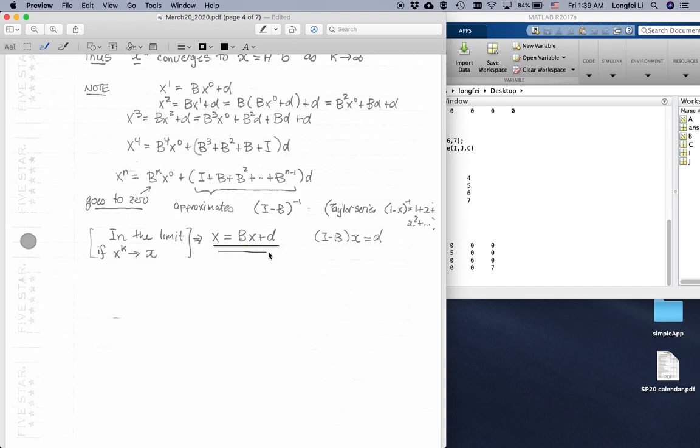And we can rewrite this into I minus B times x, right? We move this term to this side, and getting this x out, we will get this equation.